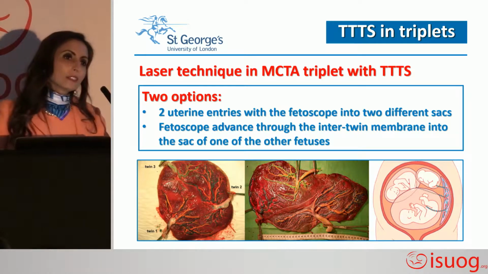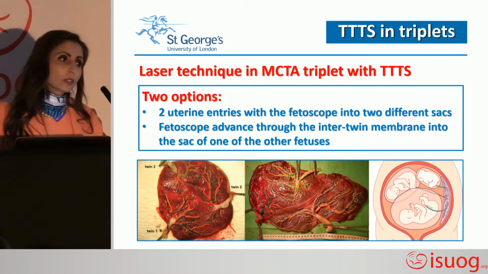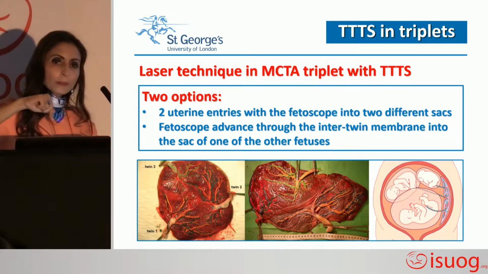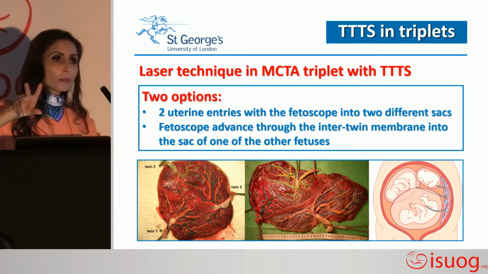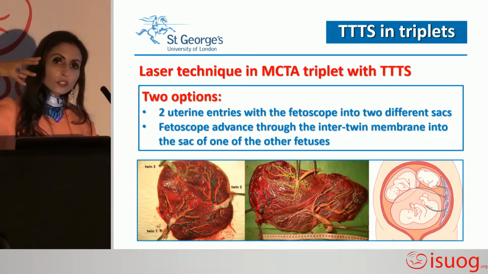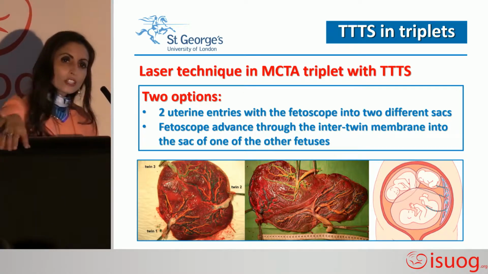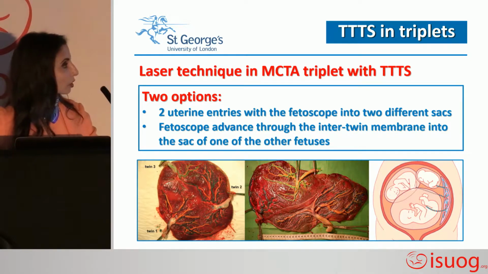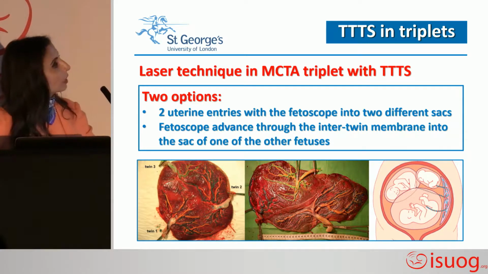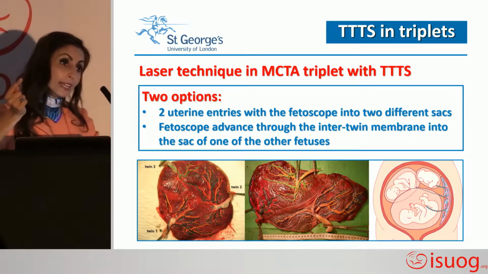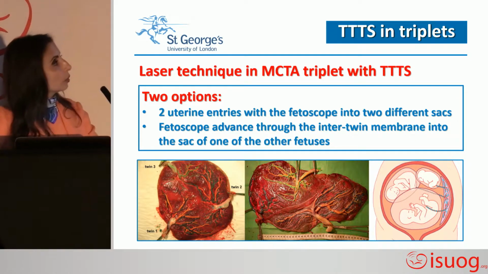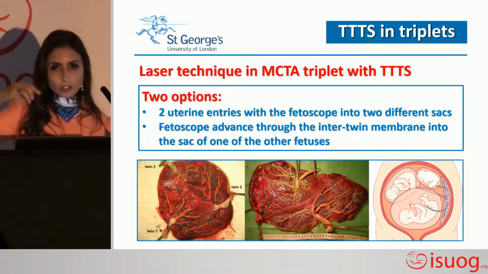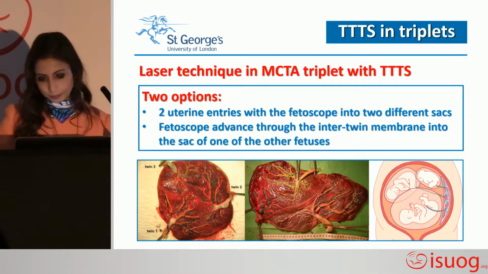With monochorionic triamniotic it is more complicated because you have to stop the anastomosis between the 3 babies, not just between 2 babies. Therefore, there are 2 options. Option number 1 is to do 2 uterine entries. So you go inside 2 sacs, and in each sac, you identify the anastomosis and coagulate them with a laser. Or the other option is you go inside 1 sac, often the recipient, and then use the fetoscopy to go through the intertwin membrane to do the anastomosis with the other 2 babies that you can't see if you are in the sac of 1 baby.